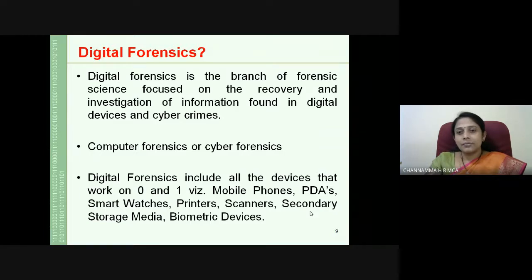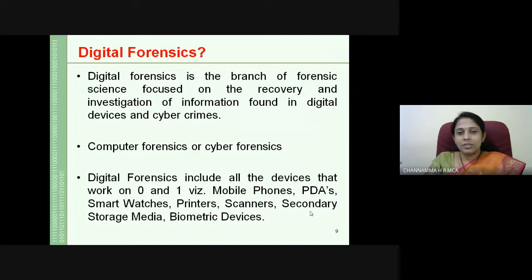It is nothing but investigating the crime, getting the evidence properly, and proving who has committed the crime. So this is all about the investigation and collection of digital evidence.